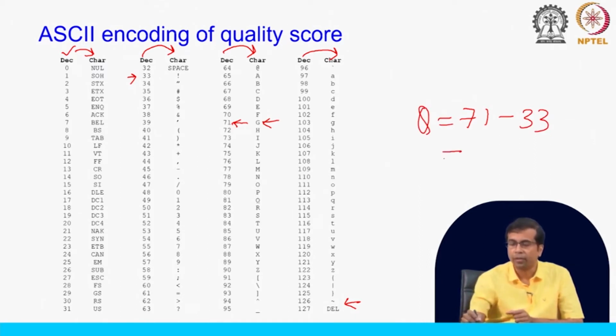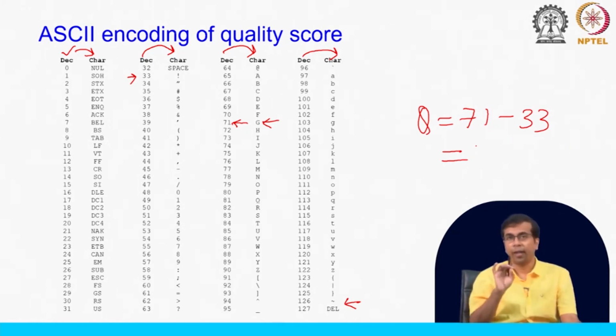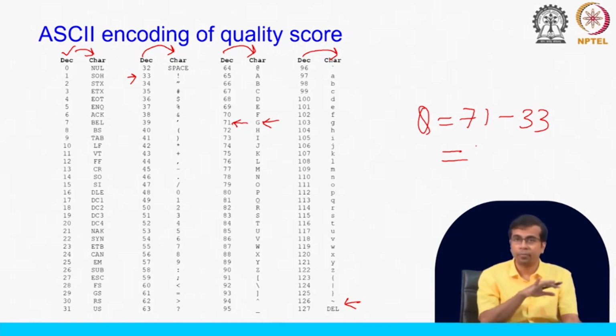So, this number you can calculate now, and based on this you can calculate the probability of error and the accuracy, right. So, that we discussed earlier. Okay. So, now we have a way to get the quality score from the encoded value.